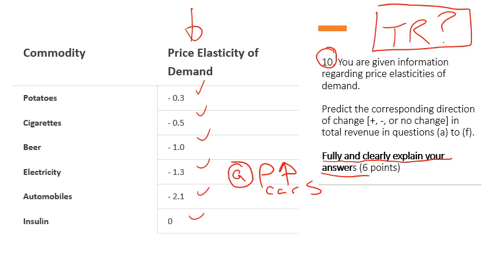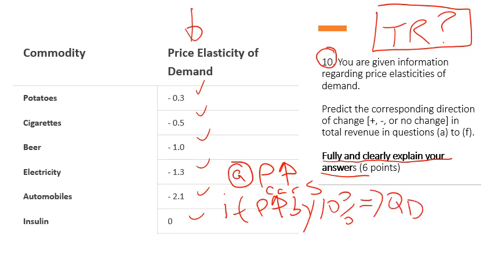An increase in the price of cars. So let's see. If the price of cars goes up by, let's say, 10%, then what happens to the quantity demanded?